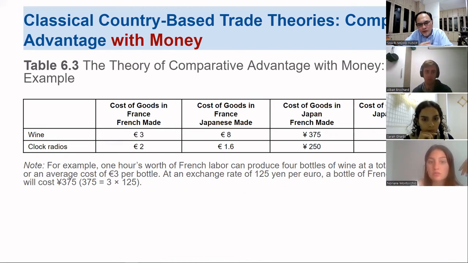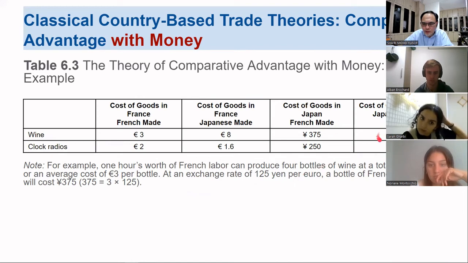On the other hand, it's cheaper for a retail company to import the cheaper clock radios to France, and Japanese consumers don't want to pay 1,000 yen for wine made in Japan.